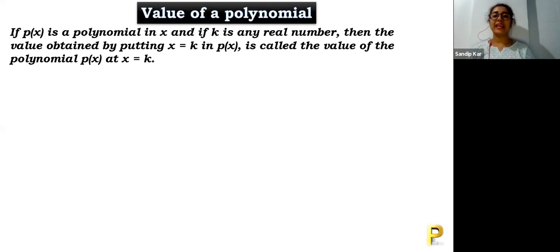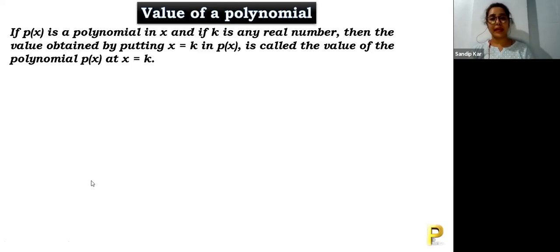If k is any real number, what we are doing in this case is we are taking a polynomial in which the value of the variable is replaced by some other number. Like for example, p of x.